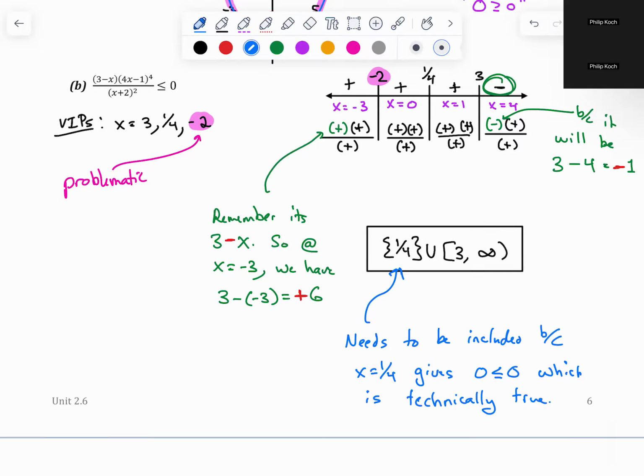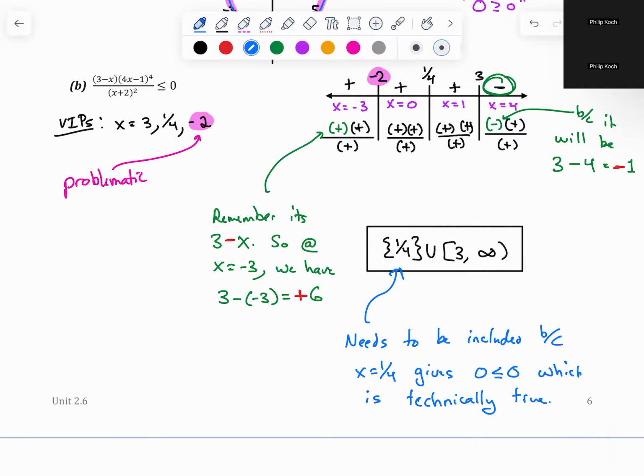Okay? Ben, yes. Is this deep because we have to work through the entire problem, doing it by individual parts, so it's an extra added step? One of my students correctly mentioned it, and I think it's a good mentality: you should always include every critical point, every VIP, when it's a non-strict inequality, except for those that are problematic, because problematic ones can't be included.